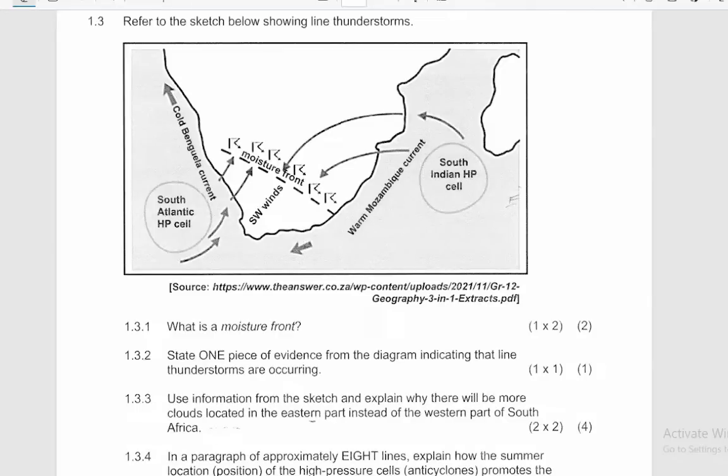So we have the formation of the moisture front. When these two air masses meet, this is what you are seeing here. So a moisture front is a boundary splitting the cold and dry air coming from the Atlantic Ocean and the South Indian warm and moist air as they meet over the interior.